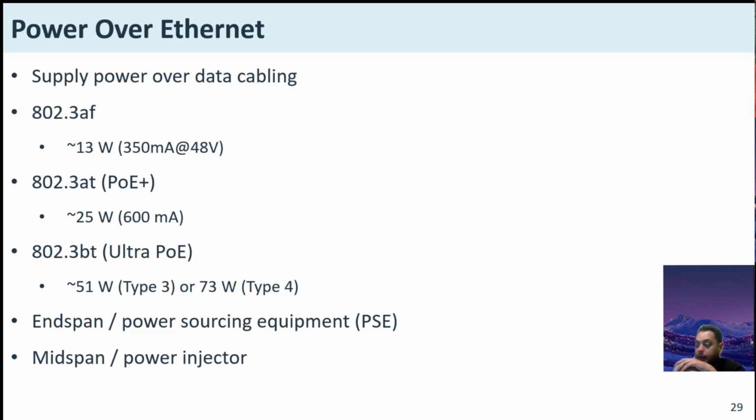That's why a lot of IP cameras are now standard PoE. So, let's see. PoE is defined in two IEEE standards, now both rolled into 802.3-2018.